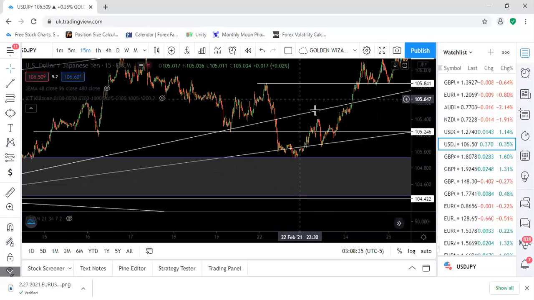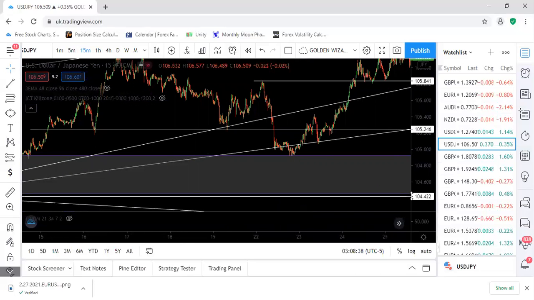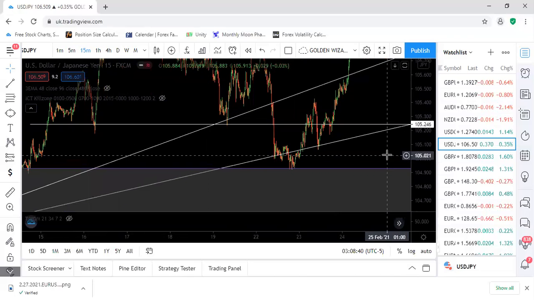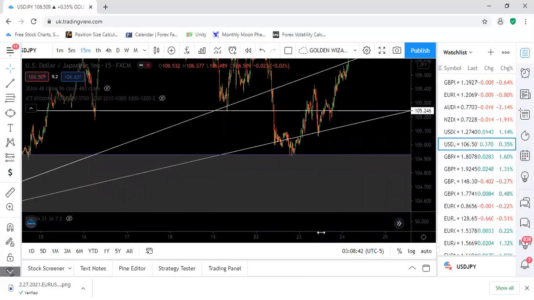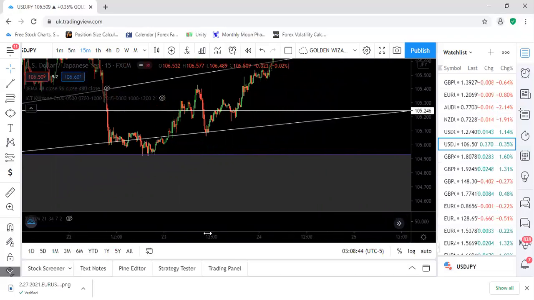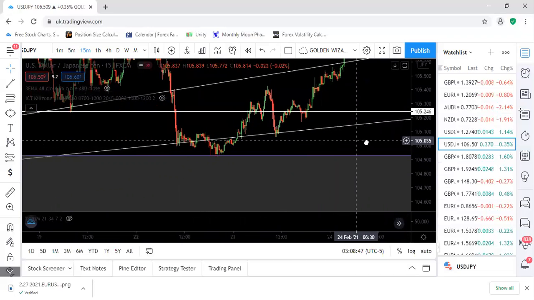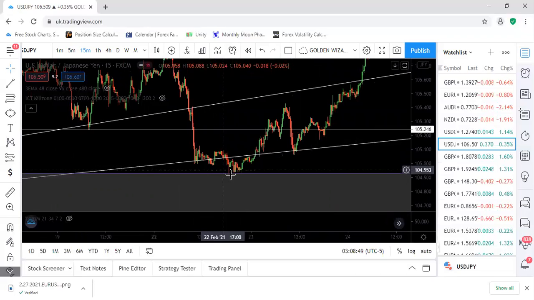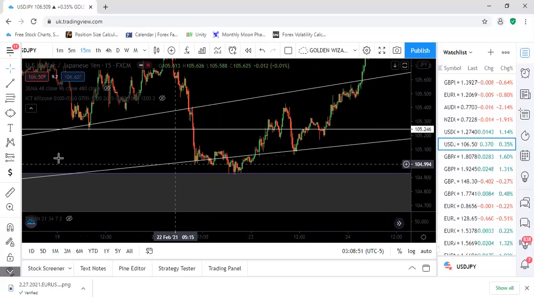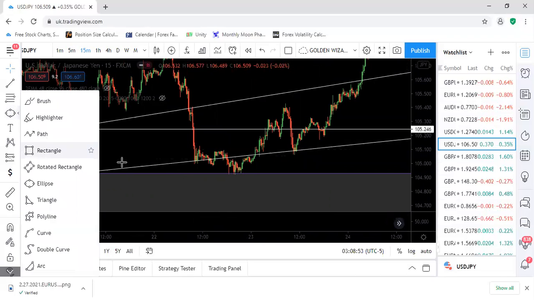So for me, my bias on USD is sells, but I also can see that this pair particularly seems to be more bullish. I'm still anticipating a sell, but here's our low, here's our order block. So we just mark that out.